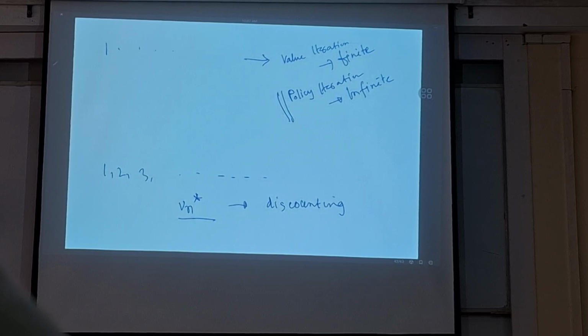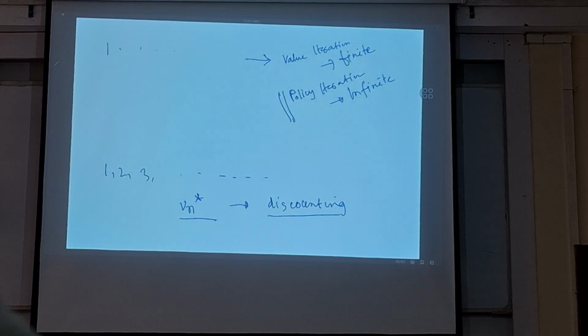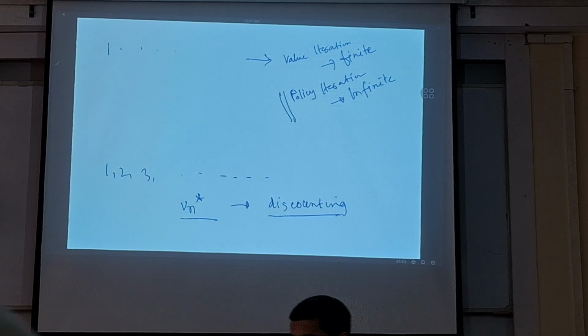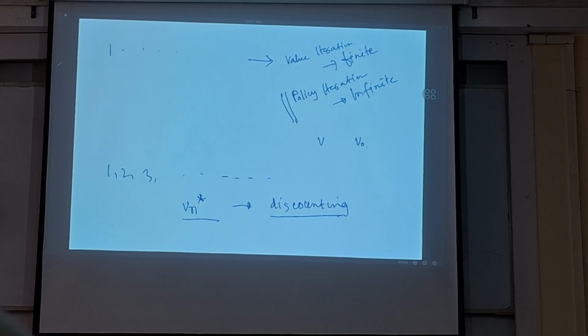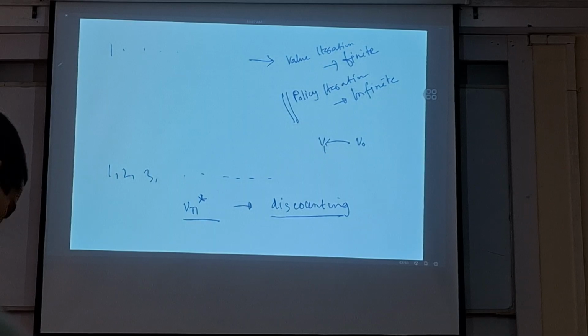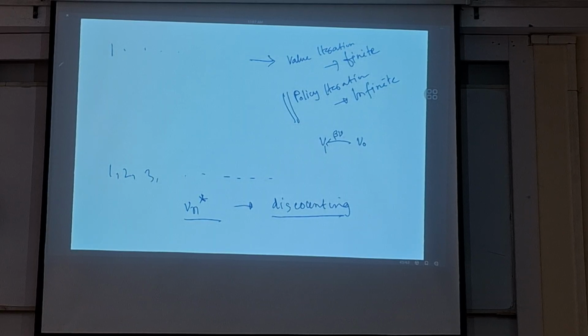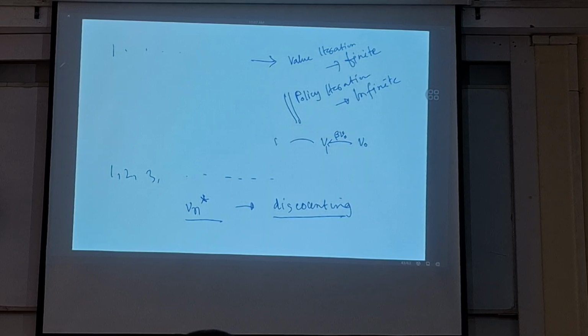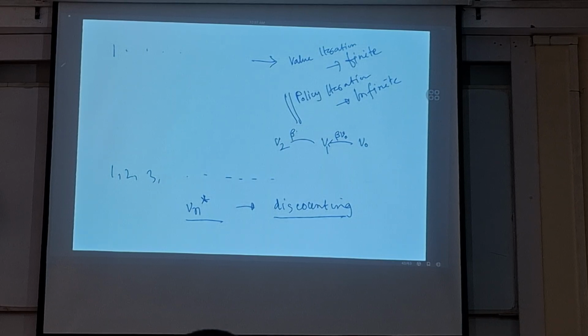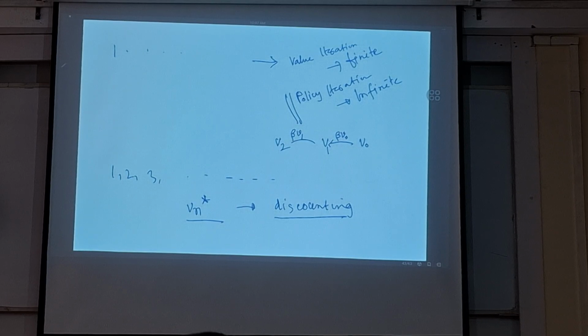So either there is a discounting factor. When there is a discounting factor, what happens? When you have a value V0, when it moves on to V1, it is discounted by a factor beta. When V1 moves on to V2, it is discounted by a factor beta.